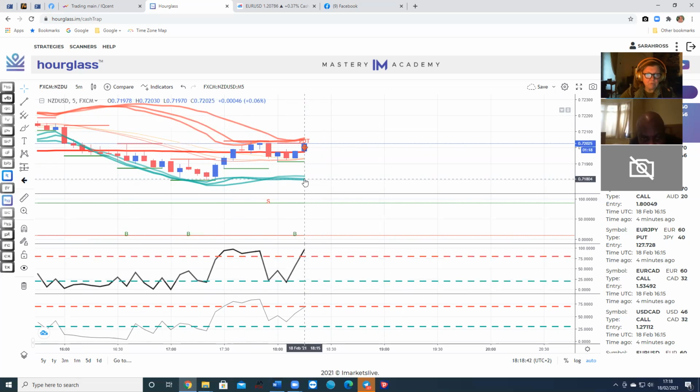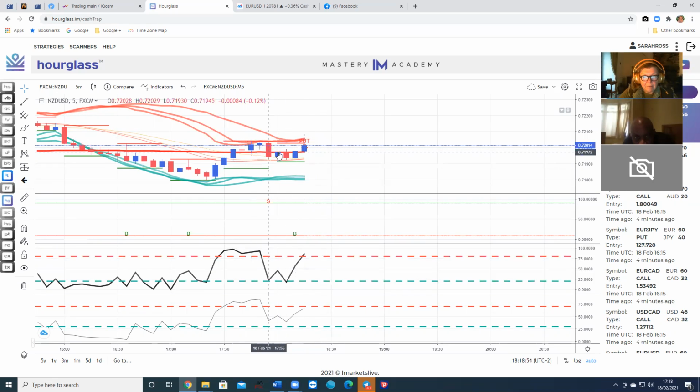They'll always eventually want to move from one edge to the next edge and back again in that channel. So the fact that line is going right through and the bands are narrowing says that it's consolidating, and it could just be resting along this moving average, which means that really we don't know whether to buy or sell.